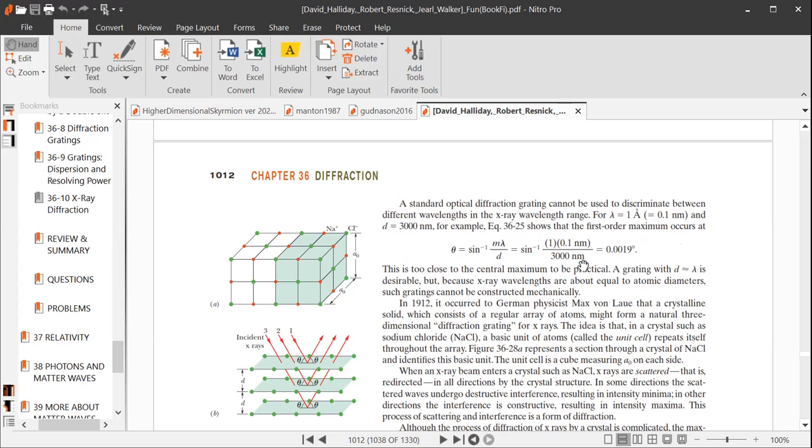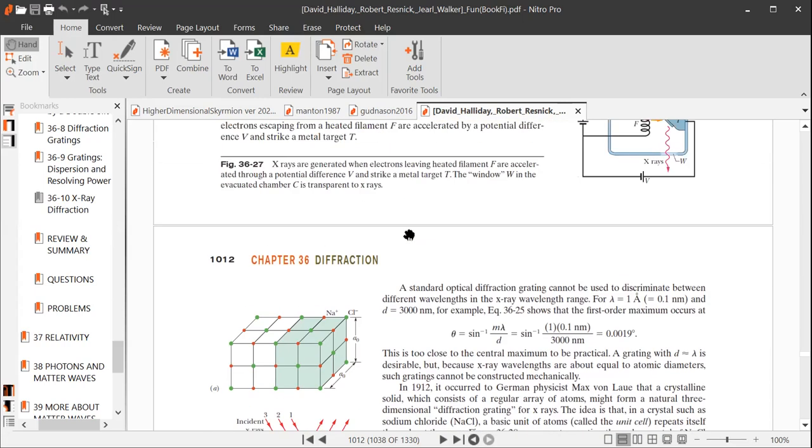It's very small. So we cannot use visible light to know the shape of the crystal.